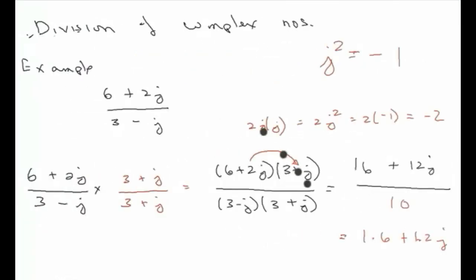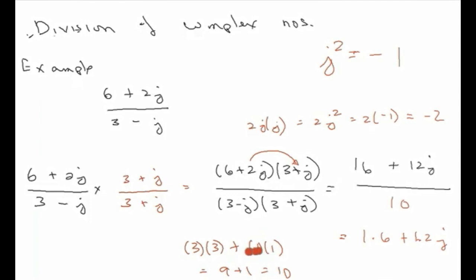See what happens if you multiply this conjugate. You have 3 multiplied by 3 plus 1 multiplied by 1, which is 9 plus 1 equal to 10. You might be confused, thinking you need to put negative 1.